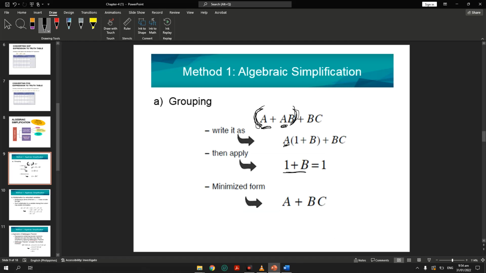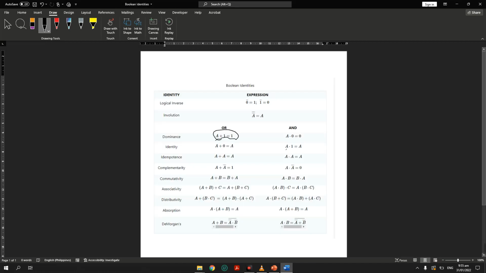Therefore, this becomes A times 1. Any variable multiplied by 1 is the same as the variable itself.